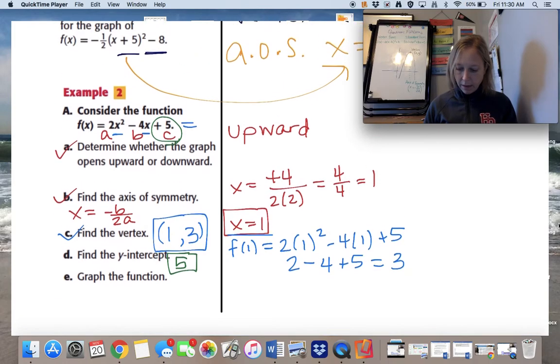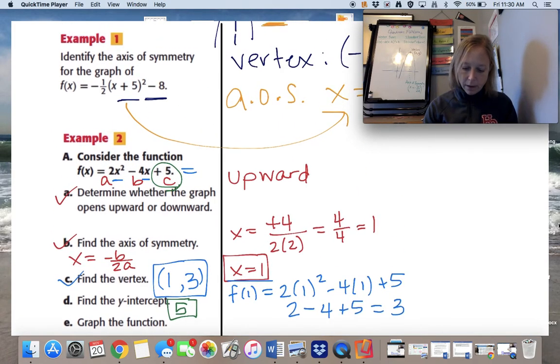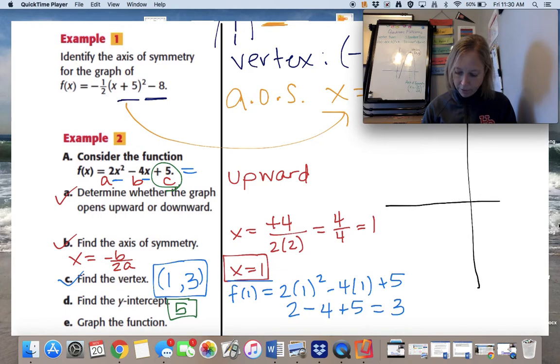Let's see, I think I've got some room right here on the right. So I'll draw my axes. And the first thing I'm going to think about is where my vertex is going to be, and I'm going to put that on there along with my axis of symmetry. My axis of symmetry is at positive 1. So I'll put that through positive 1.